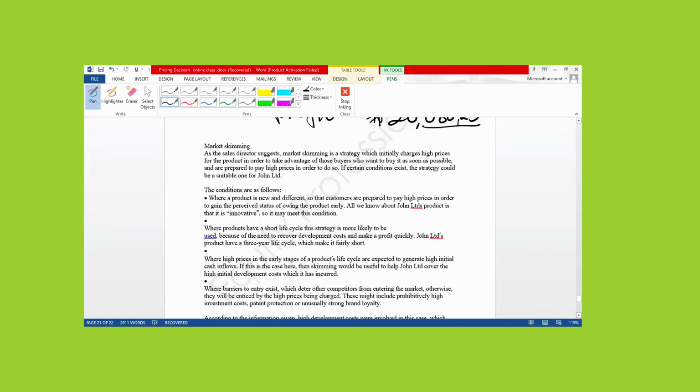We can also use market skimming where barriers to entry exist, where competitors are deterred from entering the market or prevented from producing similar products.